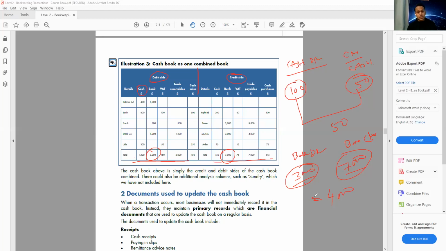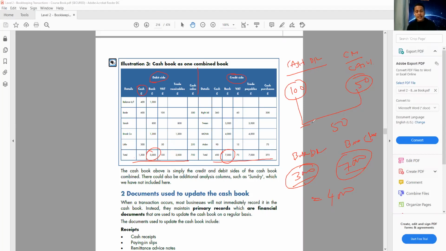Yes, Evelyn. So the bank balance could go to minus, but the cash balance cannot go to minus. If your answer for a cash balance gives you a negative figure, that means it is wrong, because you cannot spend more than you have. For example, if I give you £100 and ask you to spend, you can spend a maximum of £100, not more.